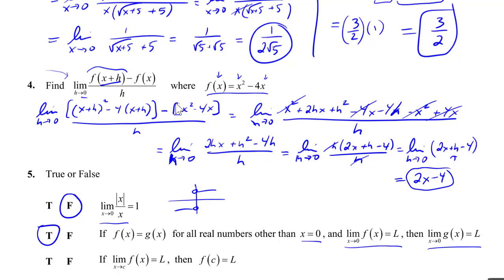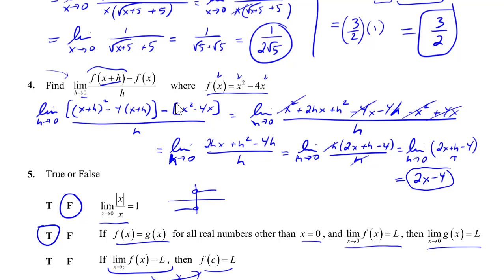True. Those are two functions that agree at all but one point. And if they're the same for every other point, then the limits at that excluded point must be the same. Finally, if the limit as x approaches 0 of f of x equals L, then f of c equals L. No. Remember, we said that there is not an automatic connection between the limit and the function value.